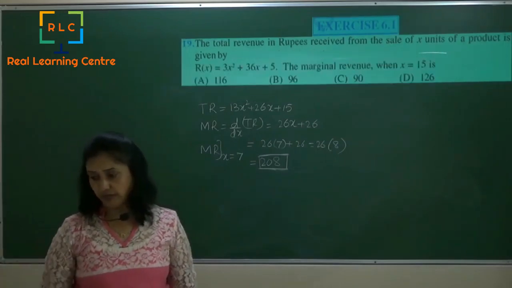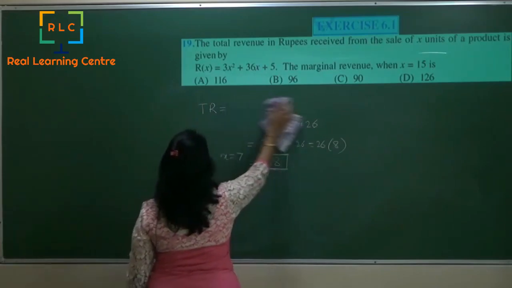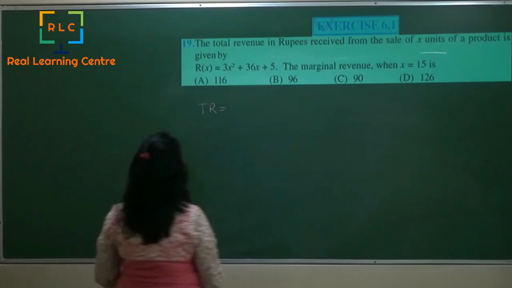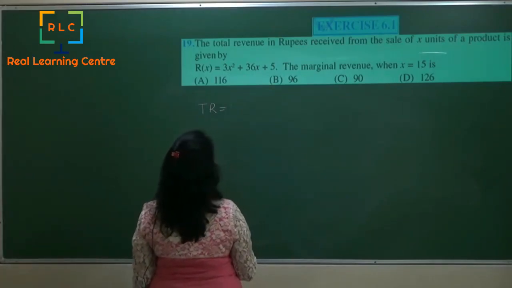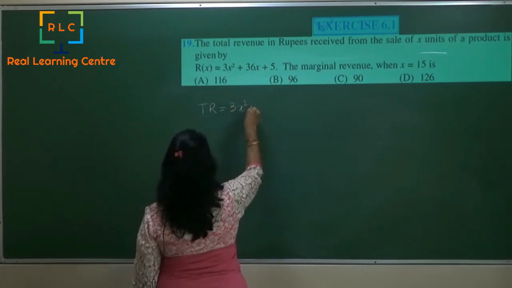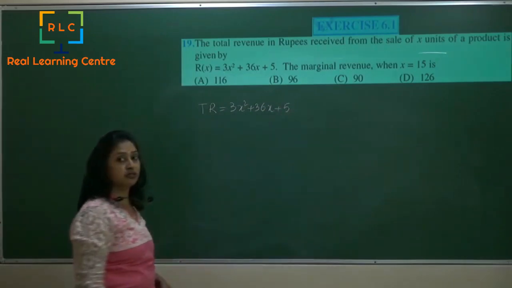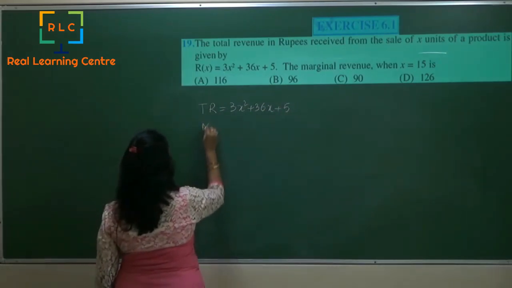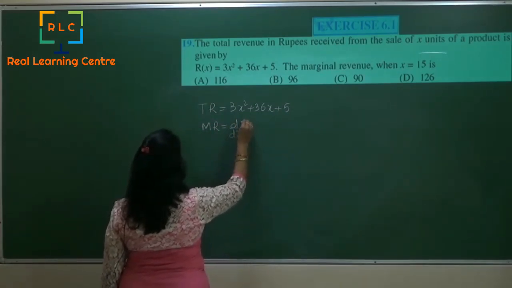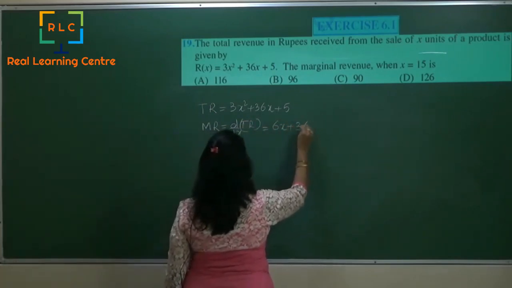Okay. And we have one more like this with revenue only, and it is an objective. So total revenue once again, for x units of a product is given by TR is equal to 3x square plus 36x plus 5. And I want the marginal revenue for this. So marginal revenue is equal to d by dx of total revenue, which is equal to 6x plus 36.